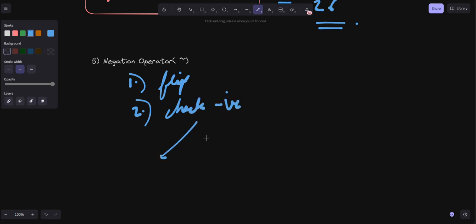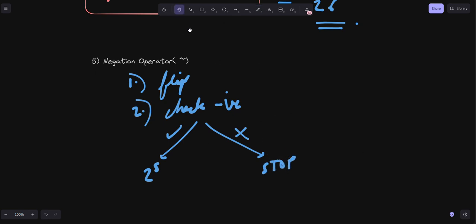If the number is negative, then it will do the 2's complement for storing purposes, and if it is not, then it will do nothing, it will just stop right there. That's what the negation operator is.